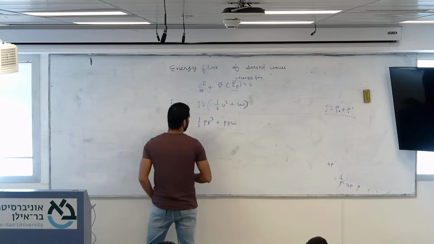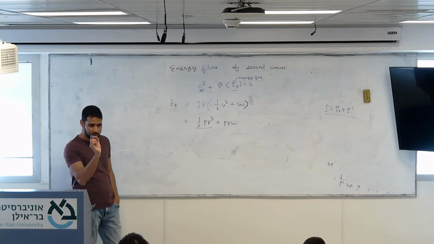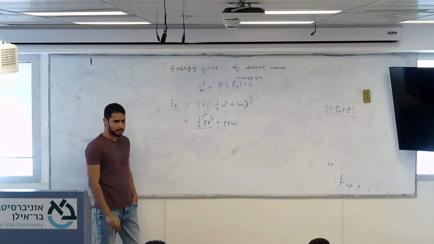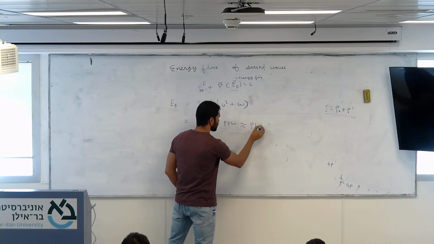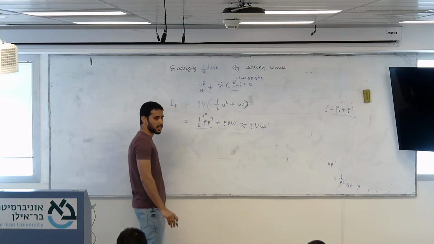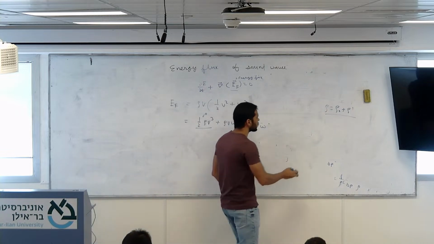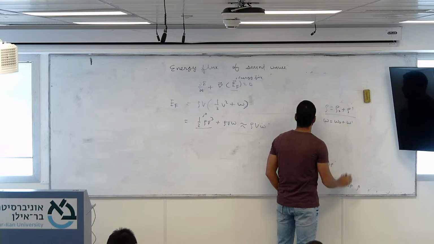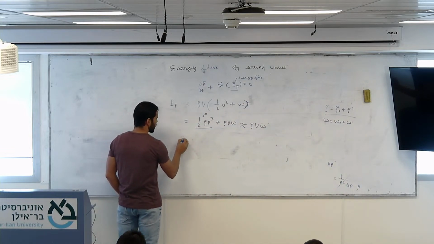This is a third order term now, because the perturbation velocity is very small, so it's a cube of the velocities, so we ignore this. Okay? What you have is the energy flux.